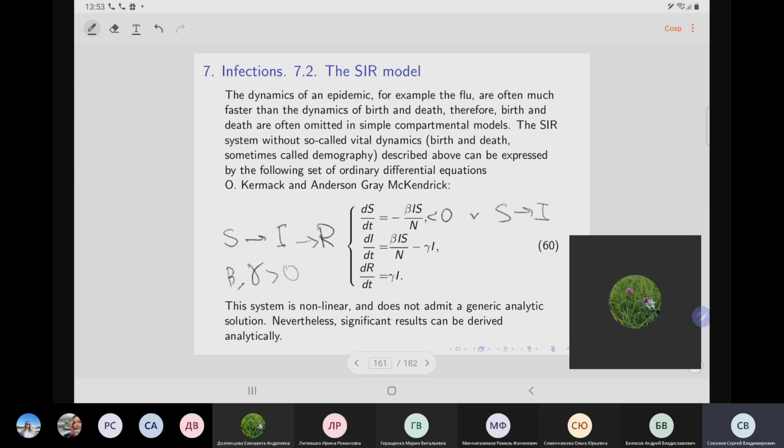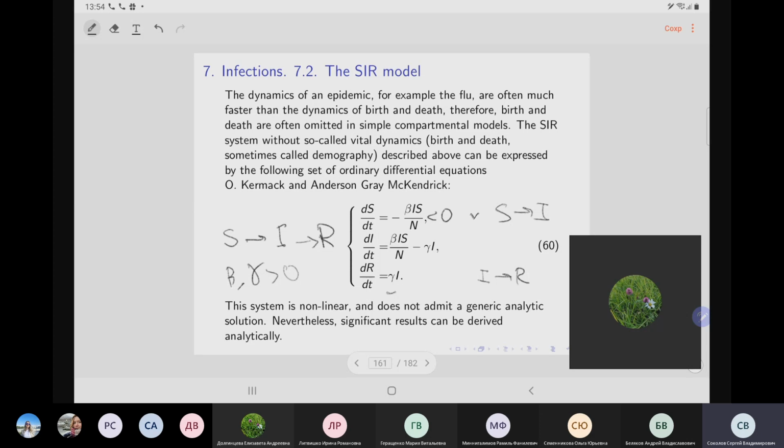Next transition, it is the last one. It is the transition from I to R with the rate gamma. So all the infected become recovered at some time.